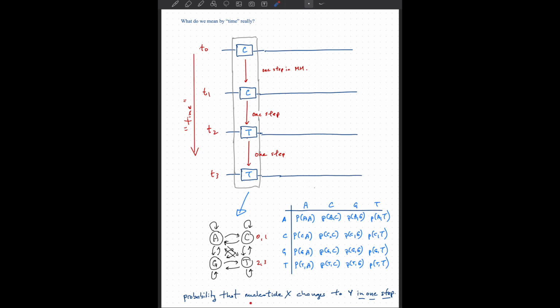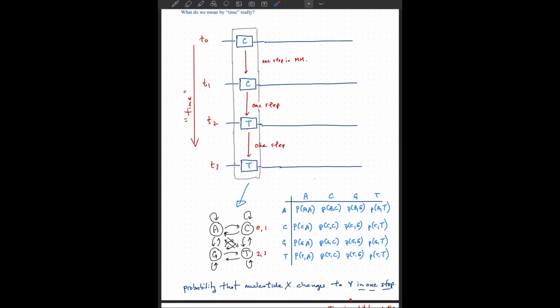And you read this as the probability that nucleotide X changes to Y in exactly one step. But so far, nothing has changed from what we talked about before with Markov models, except now I'm saying let's think about time in this discrete stepwise way.